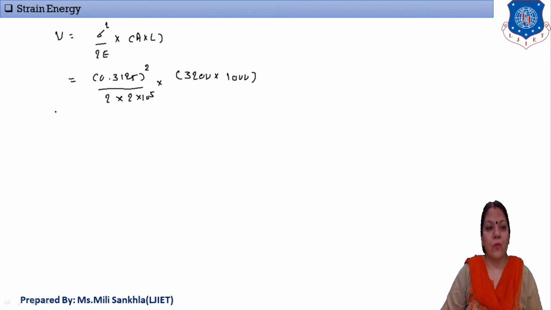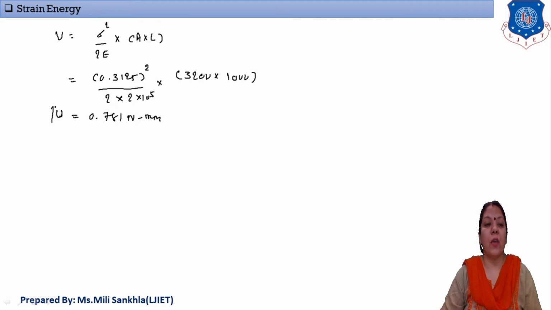My answer for U is 0.781 Newton into mm. This is the unit of strain energy, because the load is in Newton and the distance is given in mm.